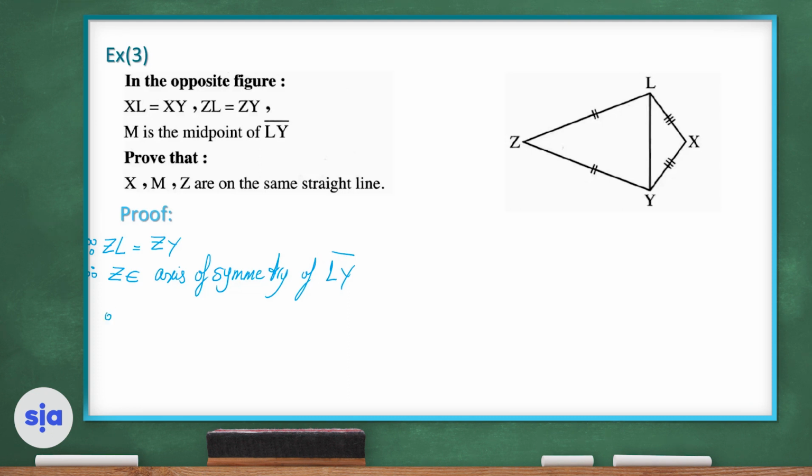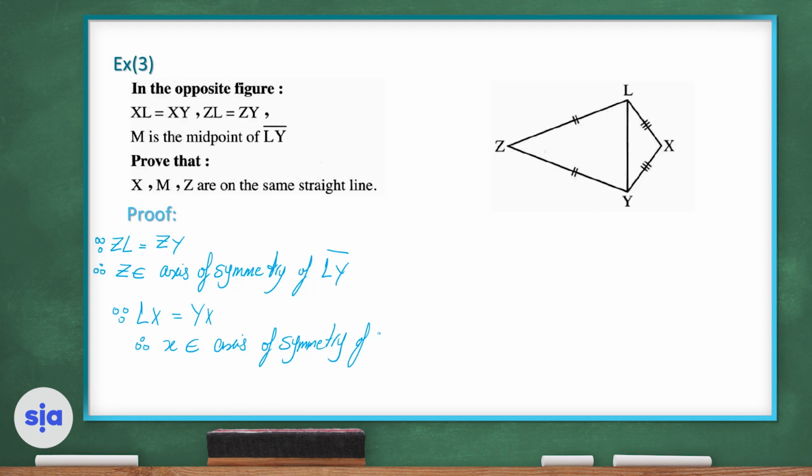And also, since LX is equal to YX, therefore X belongs to the axis of symmetry of LY. Therefore, XZ is an axis of symmetry of LY.